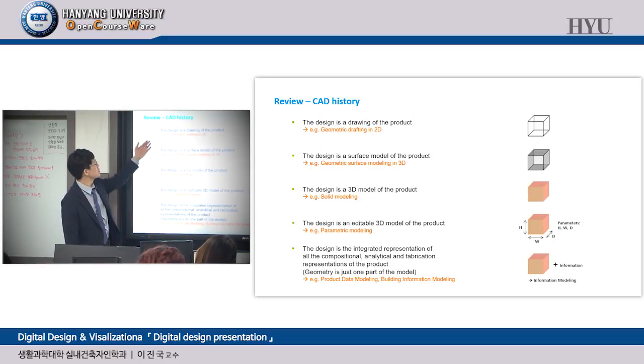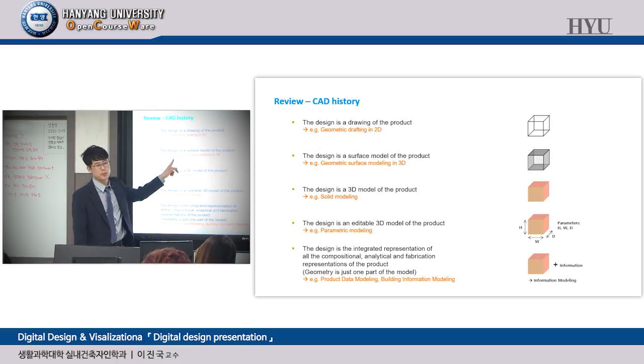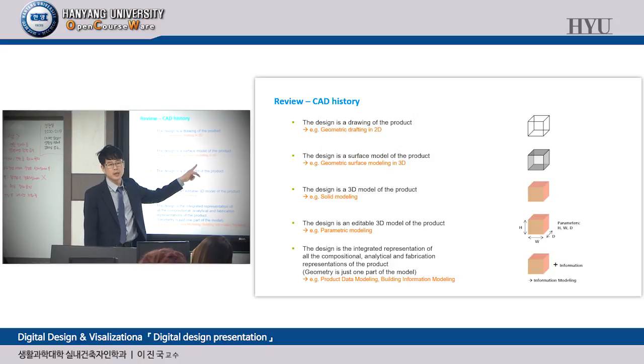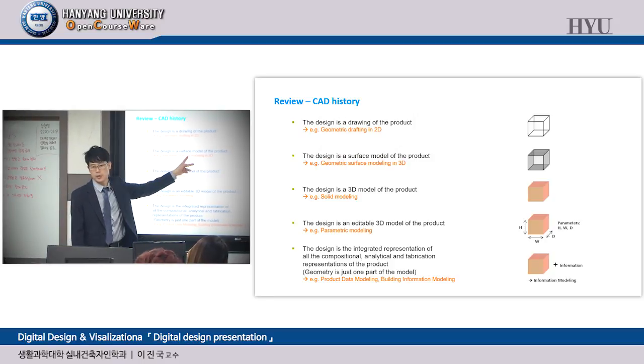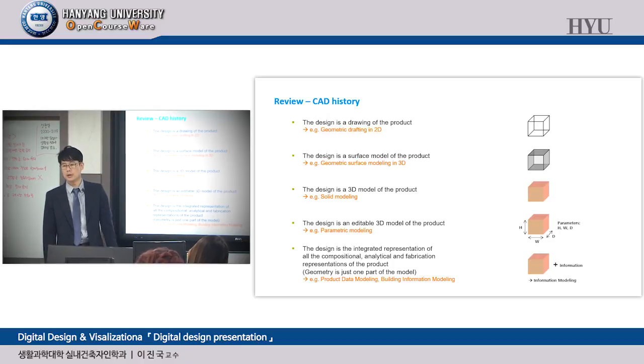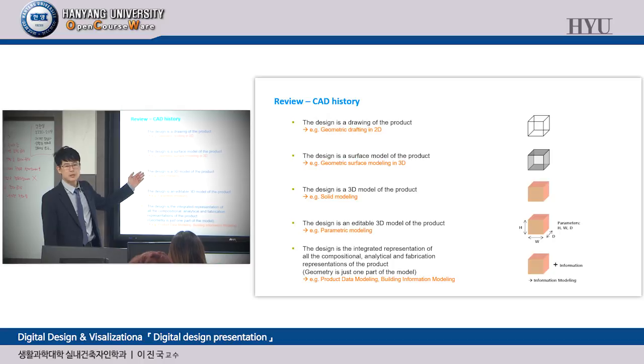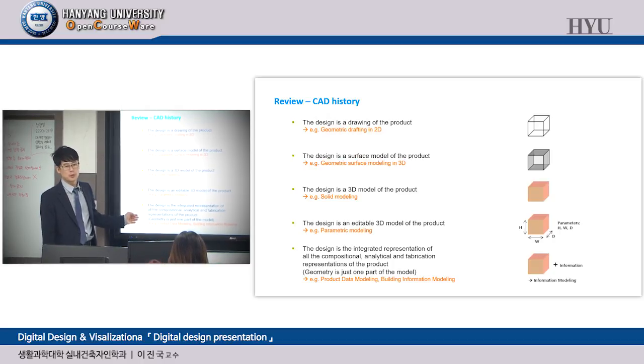So in terms of CAD history, we are still in middle school level, okay? 3D Max, SketchUp, Rhino, Maya. Our general 3D geometric tools are all in this category, which means middle school level in terms of CAD history. So how about next phase things, next semester? That's what I told you before, okay?